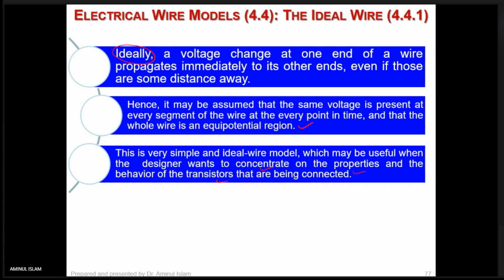We'll first concentrate on how the MOSFETs are to be connected to realize certain functions. That is what the designer will try first. Later on, he will of course take care of those things. If he does the layout and extracts the parasitics, then the resistance, inductance, and capacitance values will be available to the designer, and he can again check whether the delay of the circuit is acceptable or not.